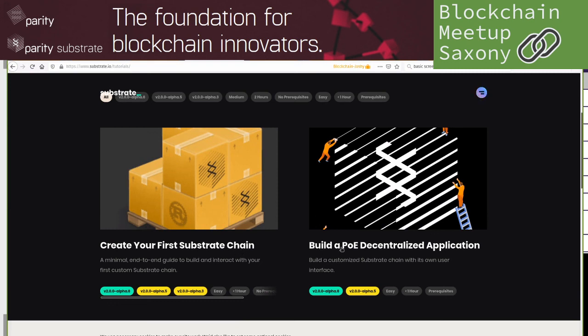And this one teaches you how to write your first pallet. If you want to build a custom chain with your own custom logic, it teaches you how to write the Rust code and how to build a user interface for your chain. So you can learn a lot about Substrate and how to make your own chains from this website, substrate.io.